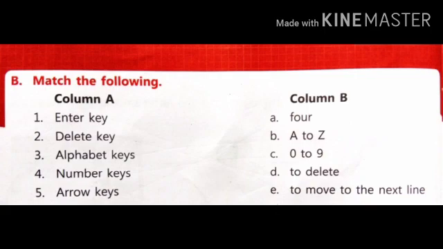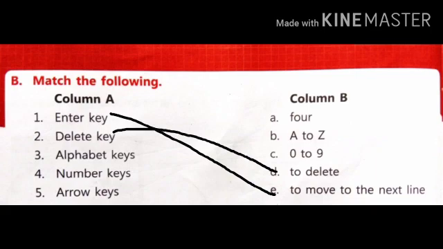1 number, enter key. The answer will be to move to the next line, that is E number. So match it. 2 number, delete key. It is used to delete. So match it with D number to delete. 3 number, alphabet keys.